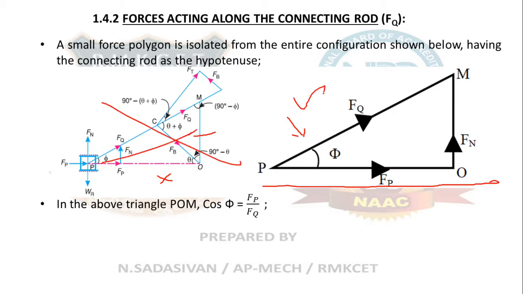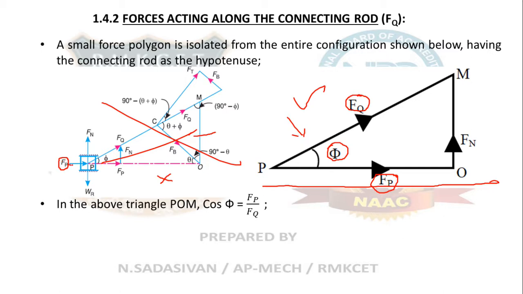So now in the above triangle, the angle phi is here. Write the formula for cos phi. Cos phi is adjacent side Fp divided by hypotenuse Fq. So Fp by Fq. Fp is the force exerted by the piston effort.